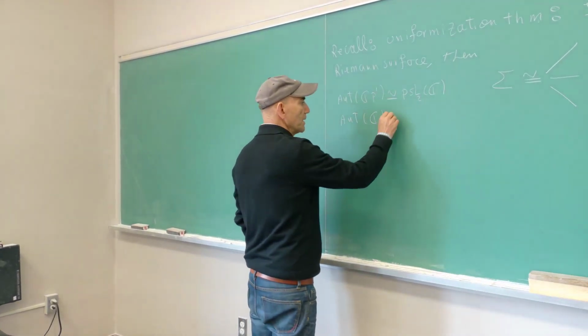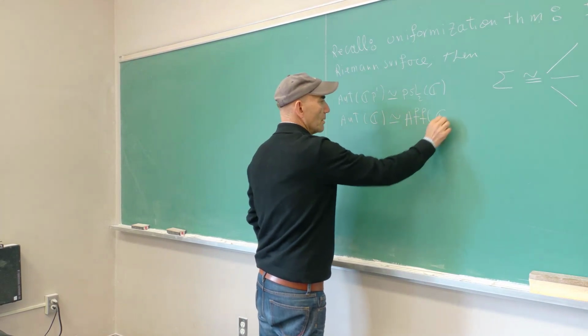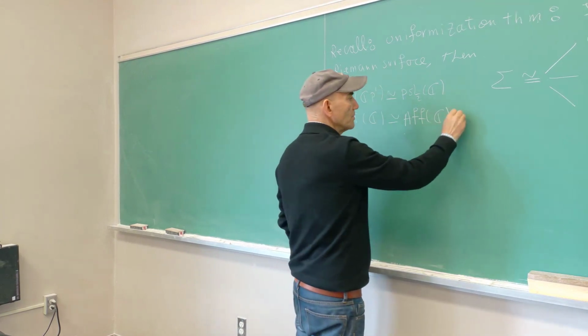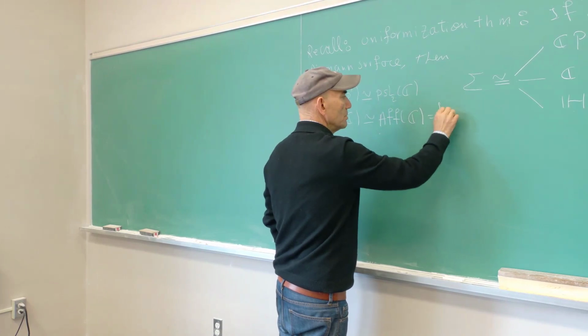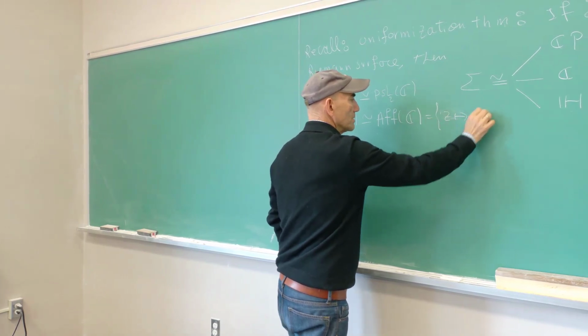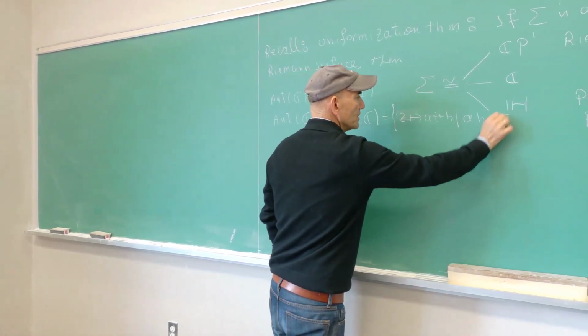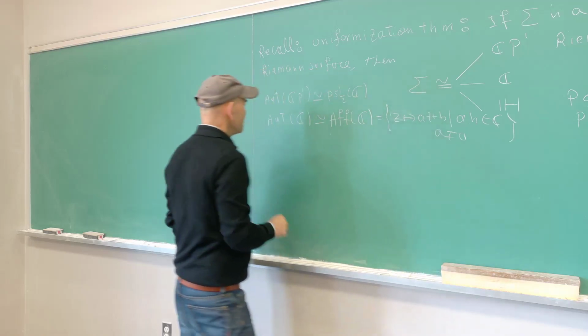The automorphisms of C is Aff of C, the group of affine transformations of the complex line, which I just write as z maps to az plus b, where a, b belong to C and a is different from 0.